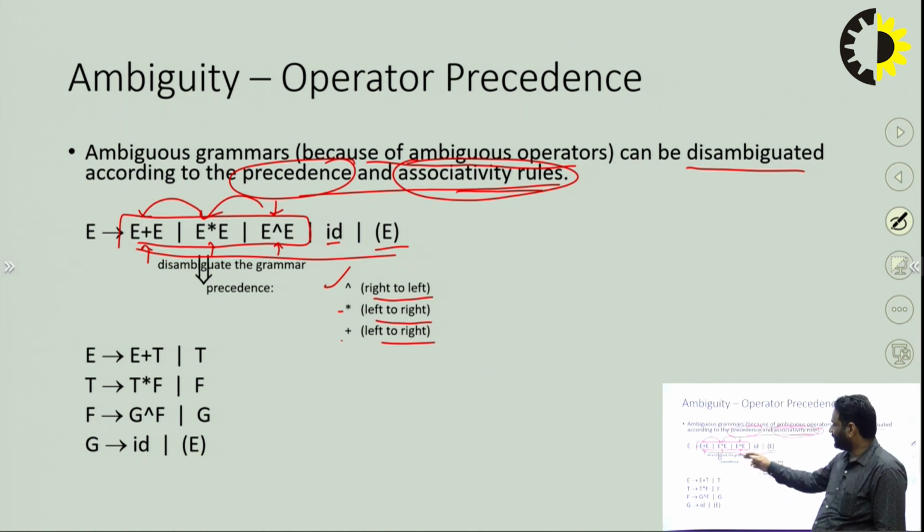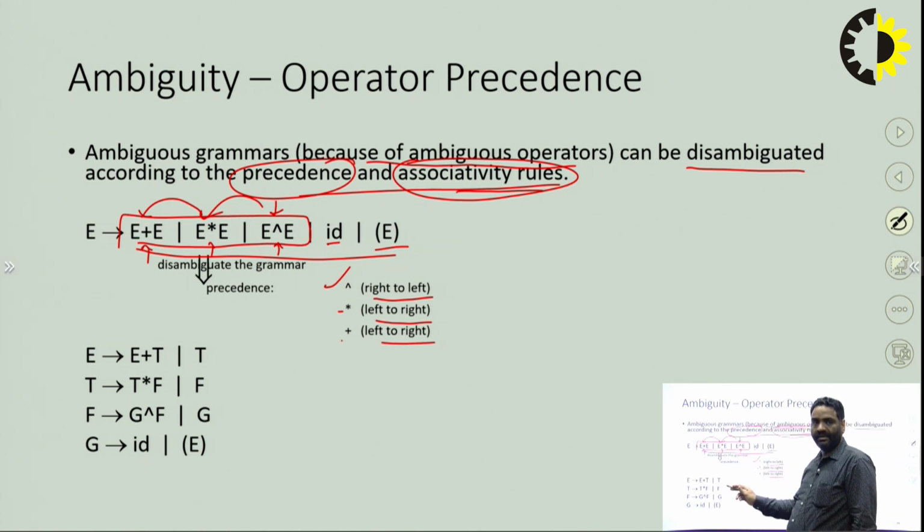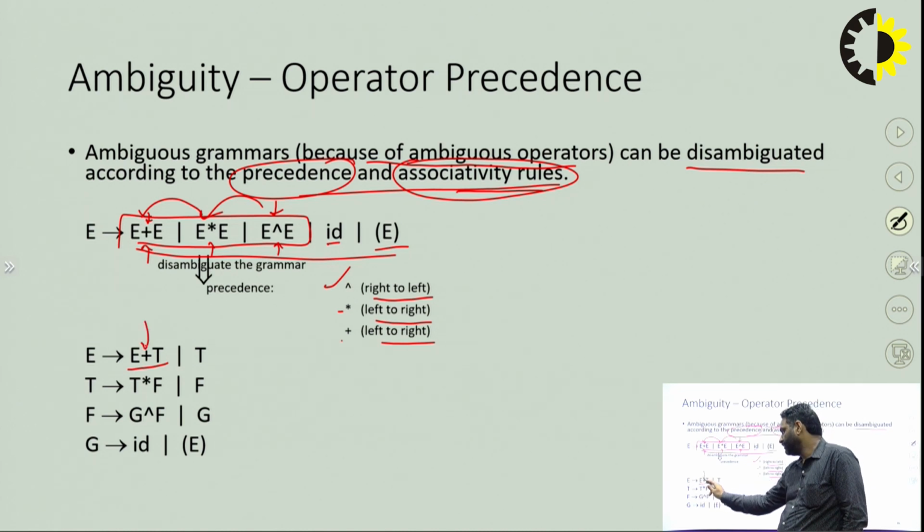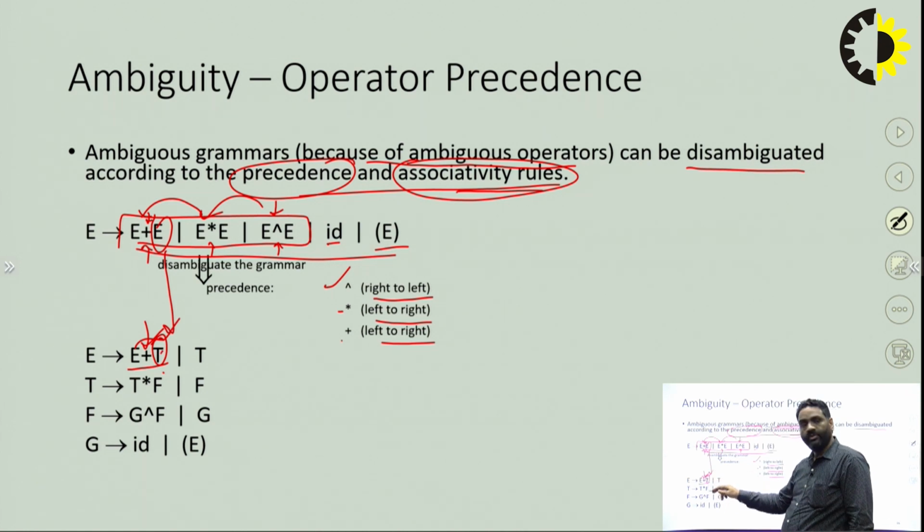To convert this into an unambiguous grammar, we need to convert this additive non-terminal in this way. Since it is left to right, we need to change the rightmost non-terminal into a new non-terminal.